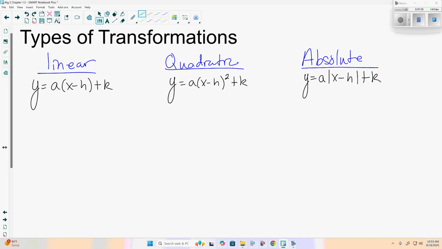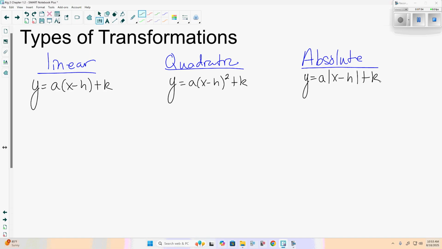These three here are the general forms. And the reason I call them the general forms is because looking at each of these spots for a, h, and k will tell us what kind of transformation is being applied to the type of function, be it linear, quadratic, or absolute value equations. Because if there's a value or a sign in place of a, we can tell what transformation is being applied to it.